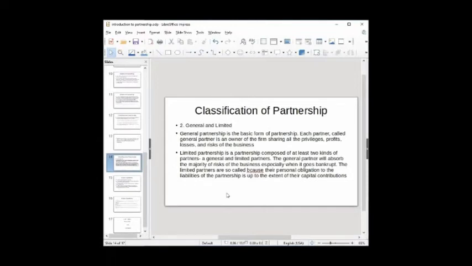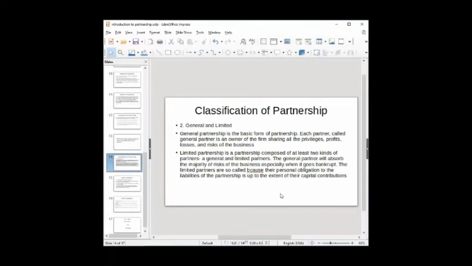While a limited partnership is a kind of partnership that is composed of at least two kinds of partners. So you must have a general partner and limited partners for a limited partnership. The general partner will absorb the majority of risks of the business, especially when it goes bankrupt.